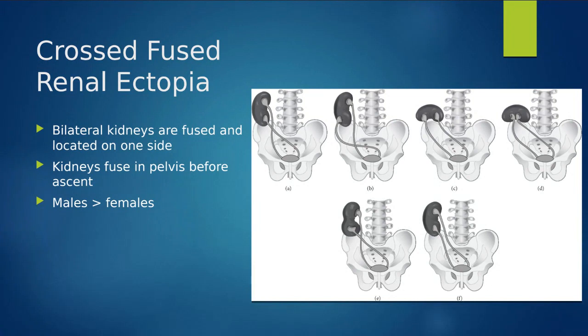So again, males are going to be more likely to have this than female babies, and you can have any variation of ascent and fusion of the pelvis. So if you look at some of these diagrams here, you can see that we're really only kind of seeing like one blob of kidney tissue. And depending on where they're fused, right, that's going to determine where that collecting system is going to drain out of.